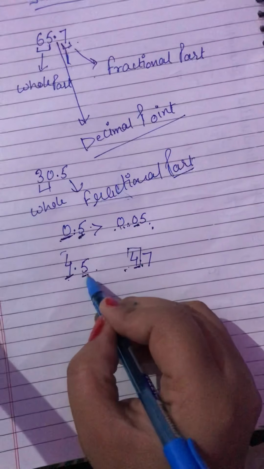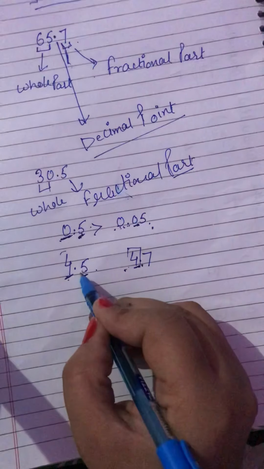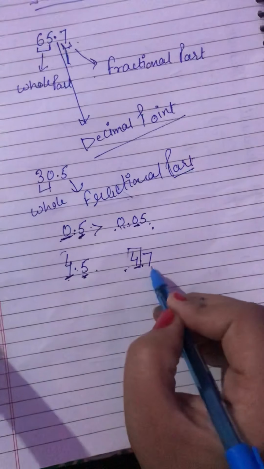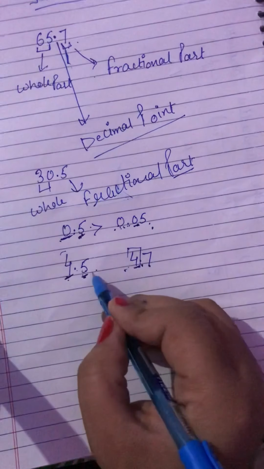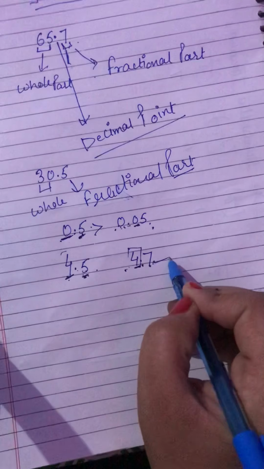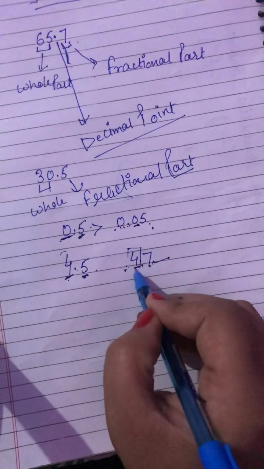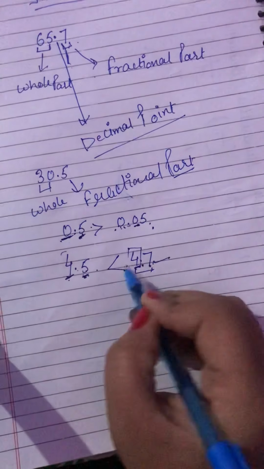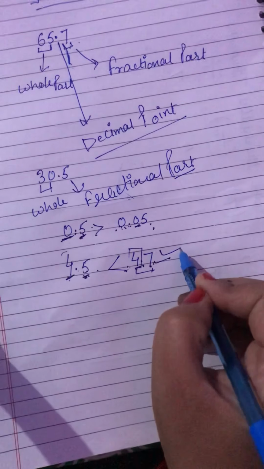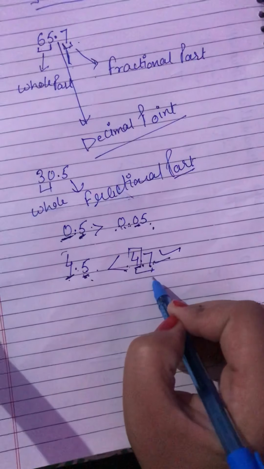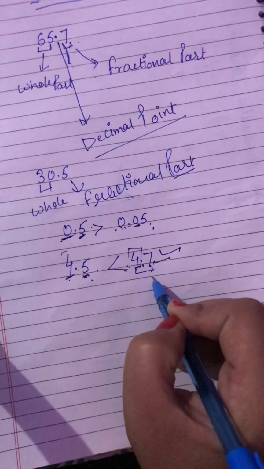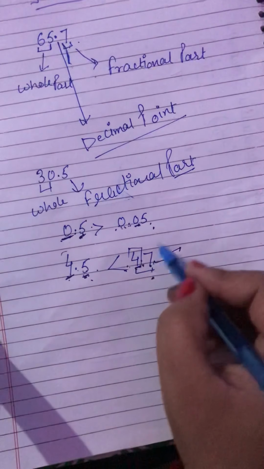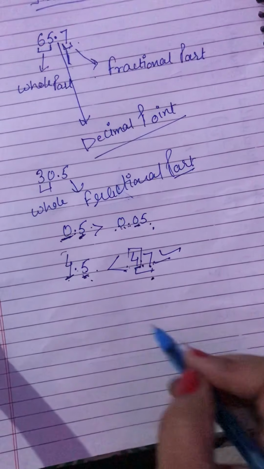Now we'll come to the digits after the decimal point. This is 5, this is 7, so 7 is greater, so this number is greater. We can write 4.7 is greater than 4.5. In this way we can compare decimal numbers.